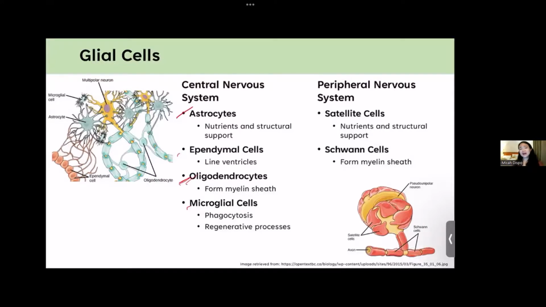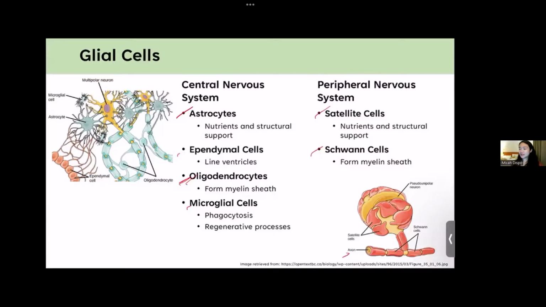The glial cells found in the peripheral nervous system are the satellite cells and the Schwann cells. So the satellite cells, just like the astrocytes of the central nervous system, provide for nutrition and structural support. The Schwann cells, on the other hand, form the myelin sheath that surrounds the axon of the neurons of the peripheral nervous system, just like the oligodendrocytes for the CNS.